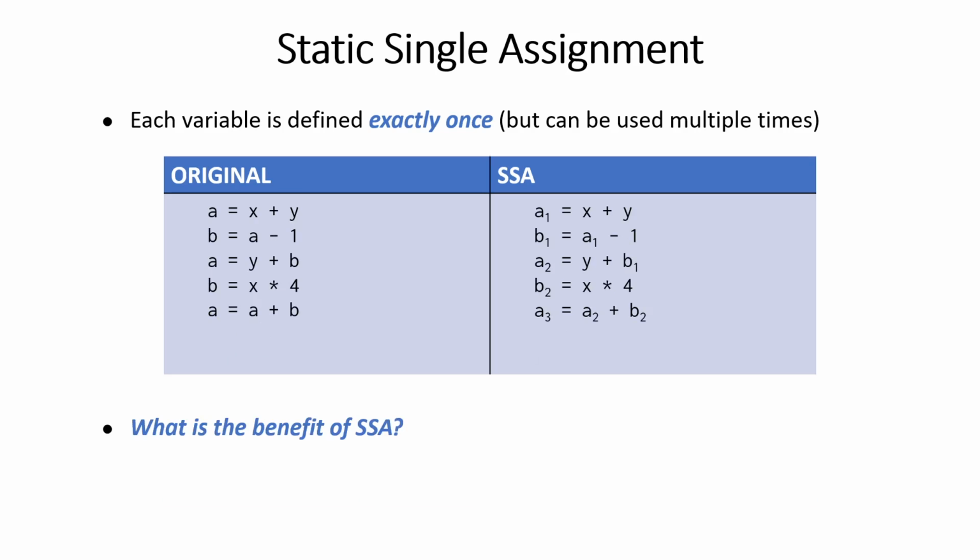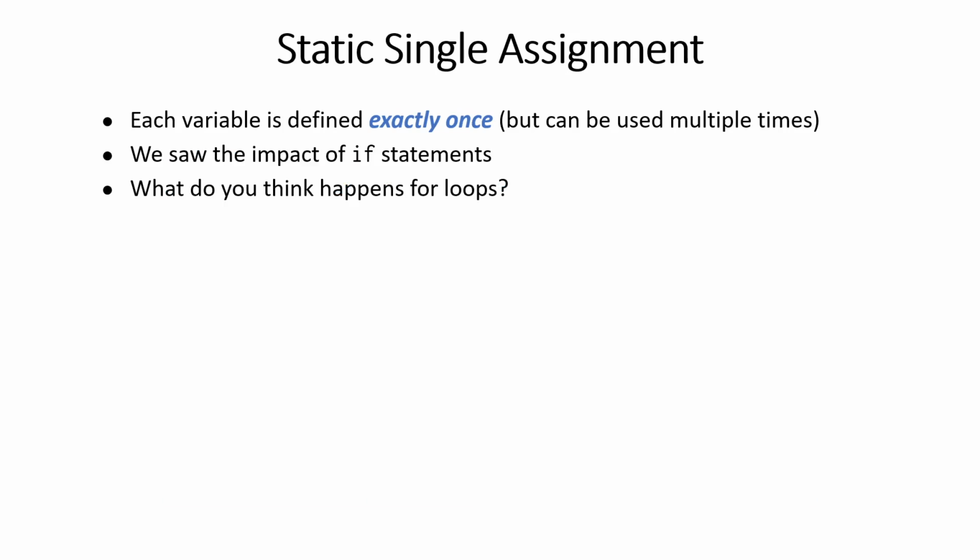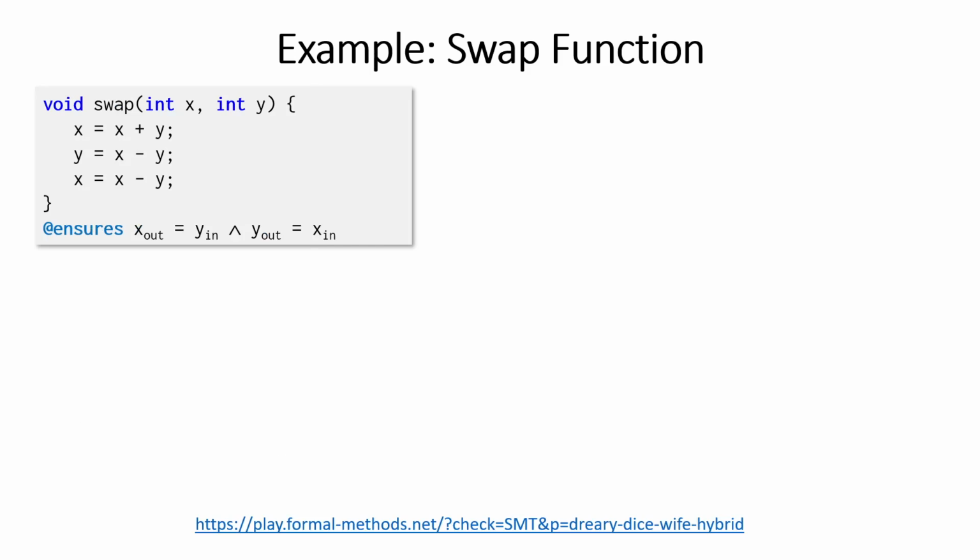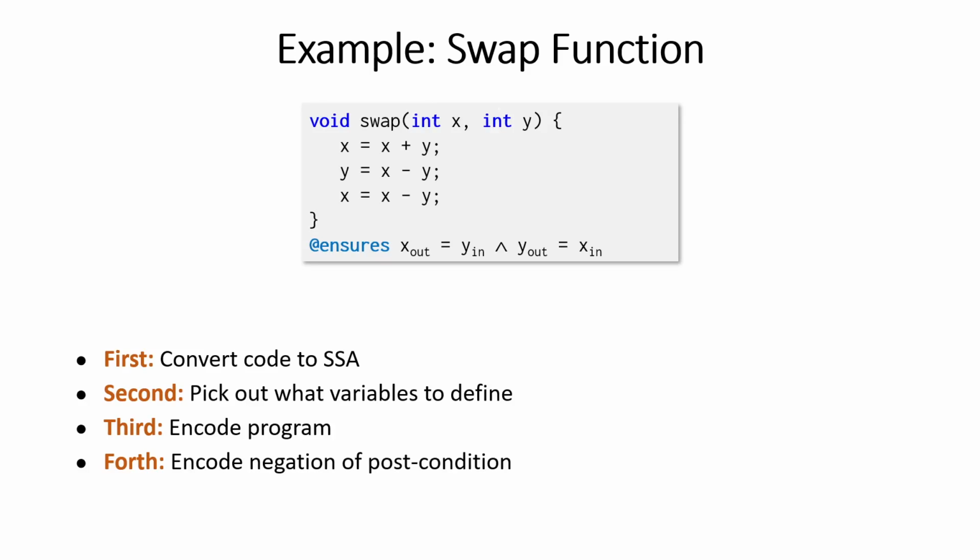Well, let's see what happens if we encode something like this. Right now, this is a program, right? Or I think there's a simpler one. Yeah, let's do this one.